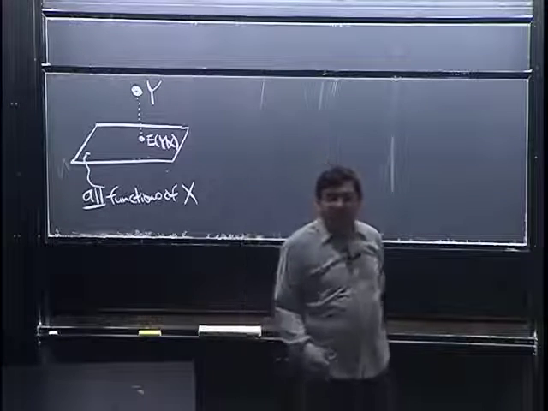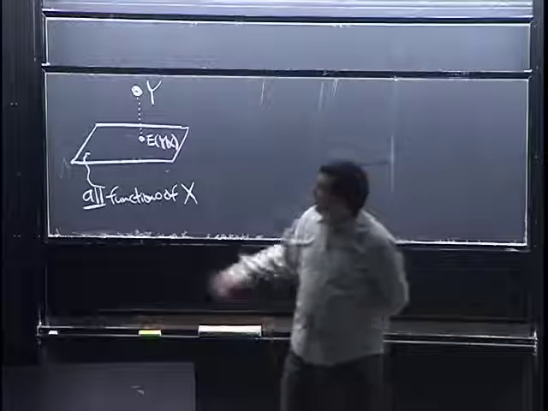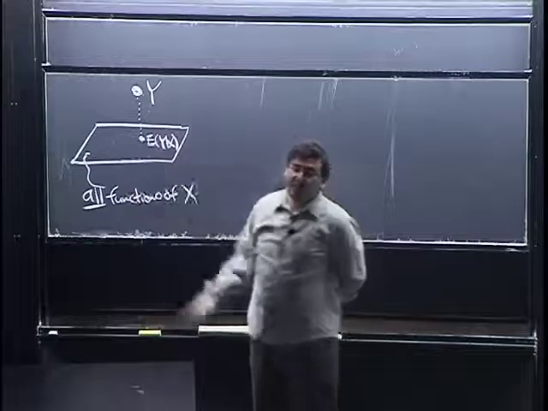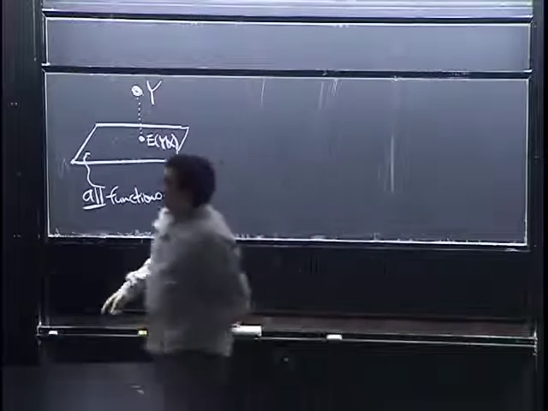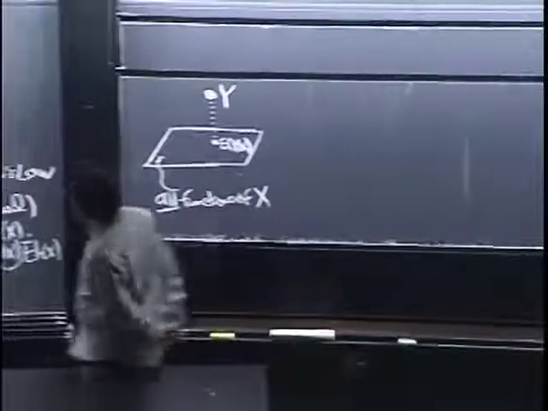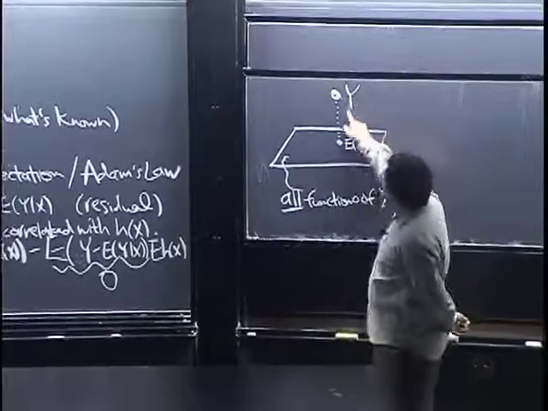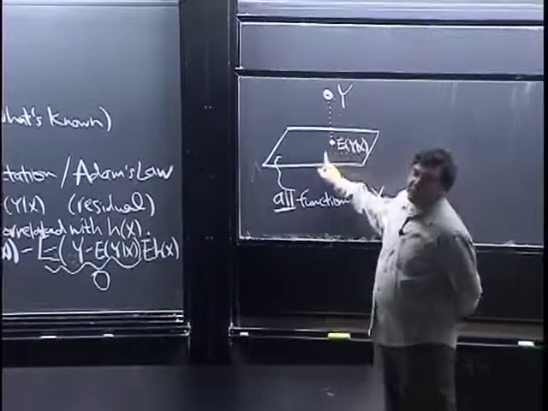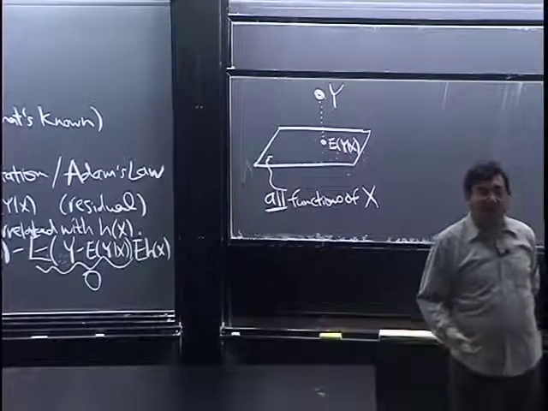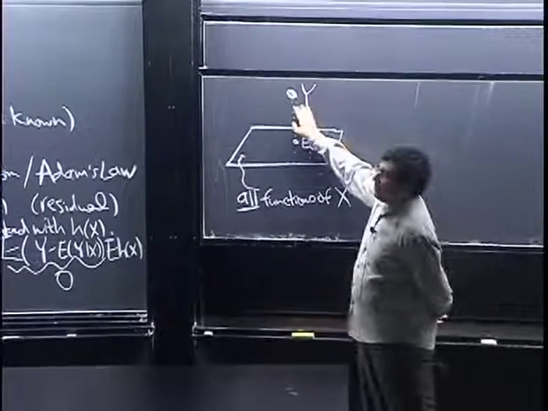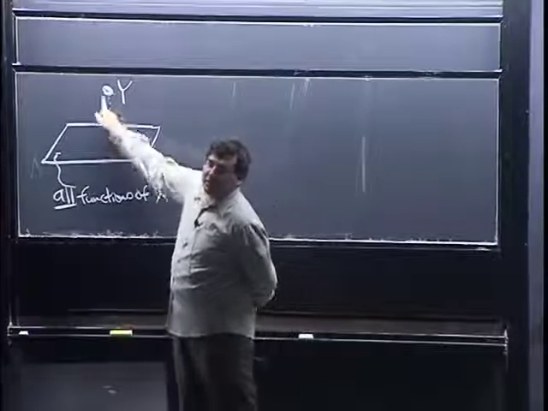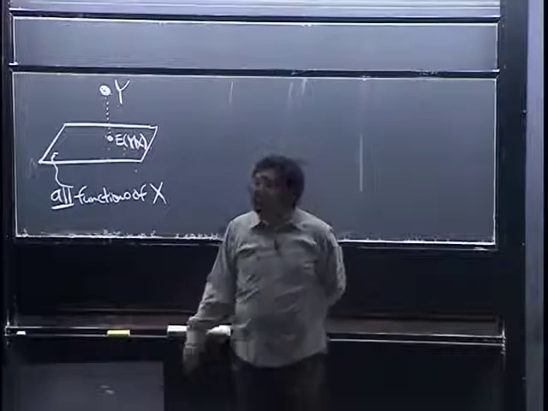E of y given x is defined to be the point in this plane that's closest to y, okay? So that tells us why, if y is already a function of x, then E of y given x equals y, because if it's already in the plane, you don't need to project it anywhere. But if y is not already a function of x, then you're projecting it down to whatever function of x is closest in a certain sense.